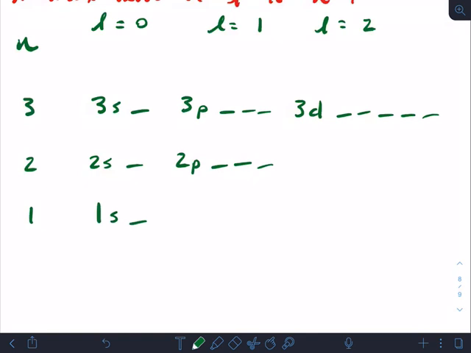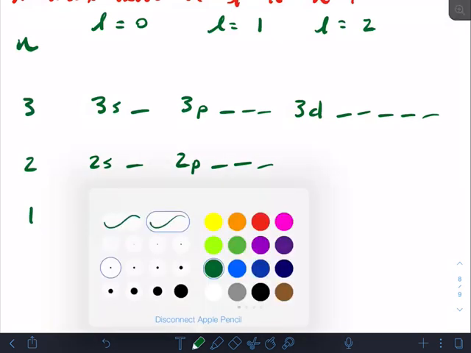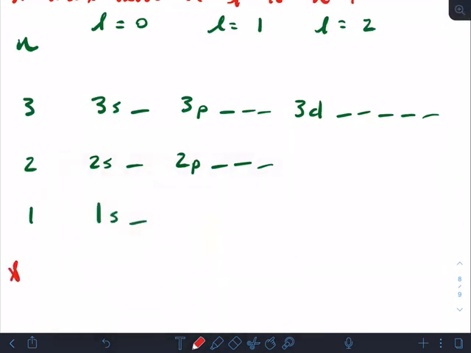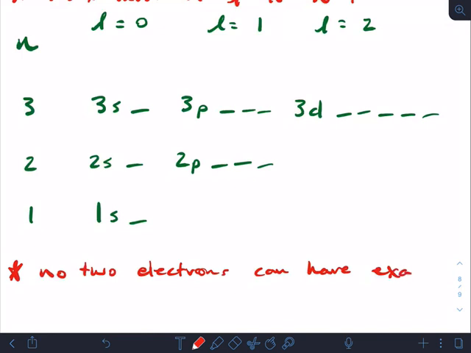With all of this good stuff, one more very important thing. No 2 electrons can have exactly the same 4 quantum numbers.